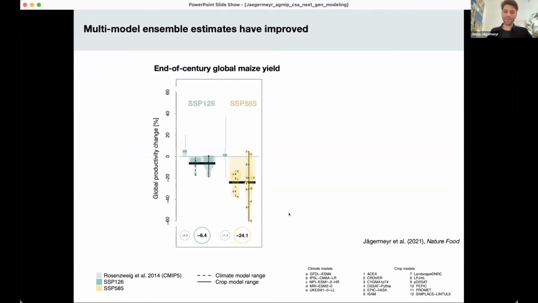One of the main findings from the new work is that the new simulations based on CMIP6 are substantially more pronounced. And by pronounced, I mean more pessimistic for most crops, but some of the crops show higher potential gains, especially in higher latitudes. The gray stack here represents the previous CMIP5 based simulations from Cynthia Rosenzweig's landmark paper in 2014, showing a global response for maize at end of century for RCP 8.5 of +1%.